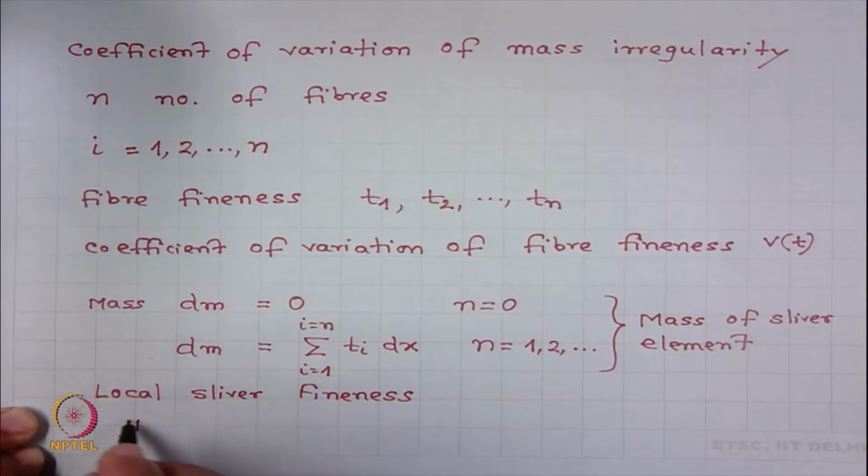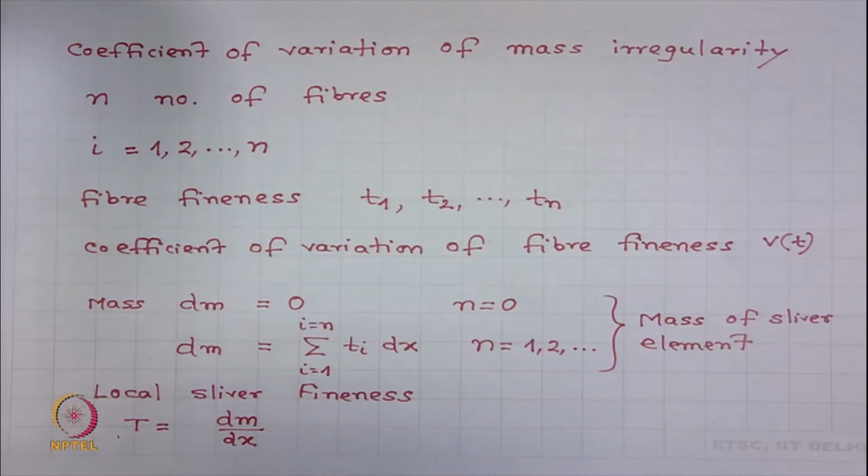T is mass by length, where dx is the length and dm is the mass. It can be 0 when n is equal to 0. Fineness is 0, which is a little odd to hear.